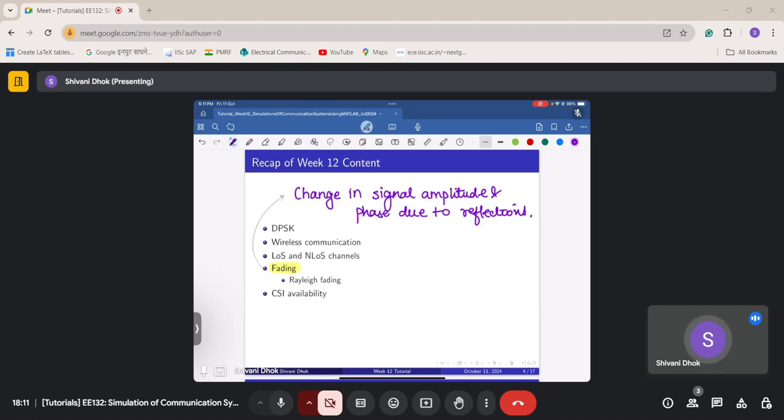And there are different ways to model fading, and one such way is Rayleigh fading.